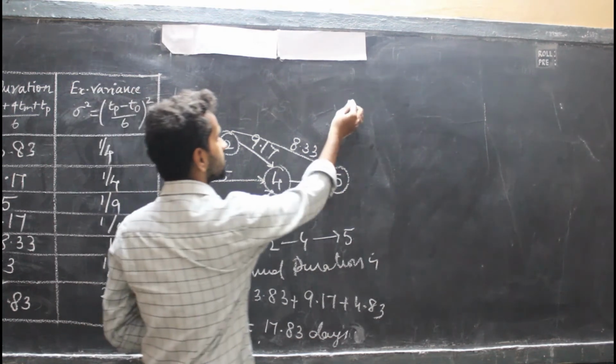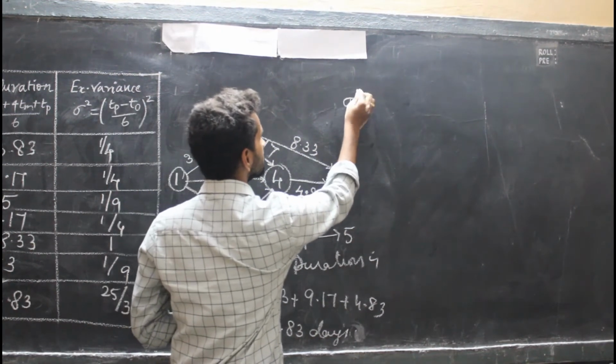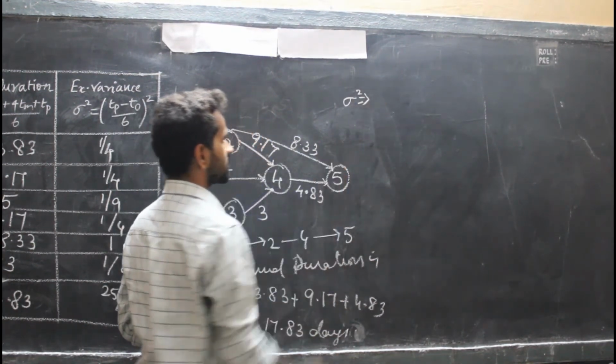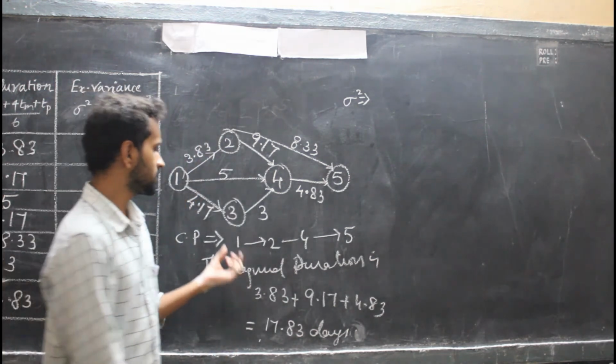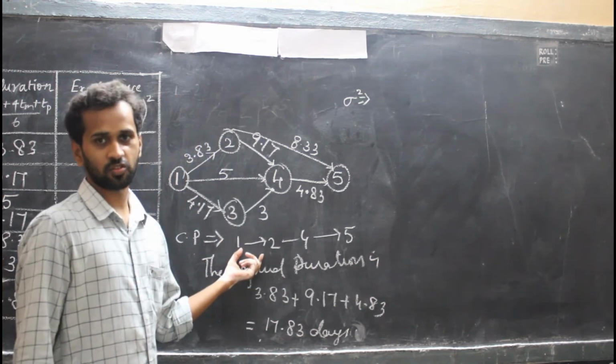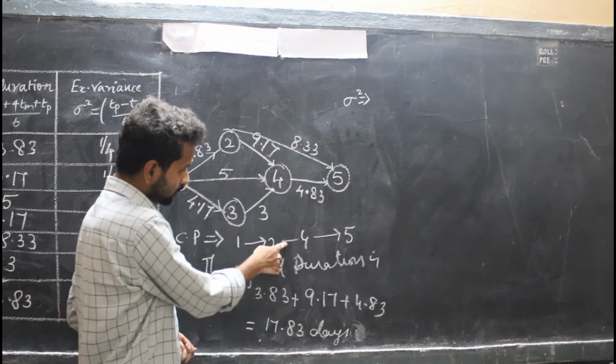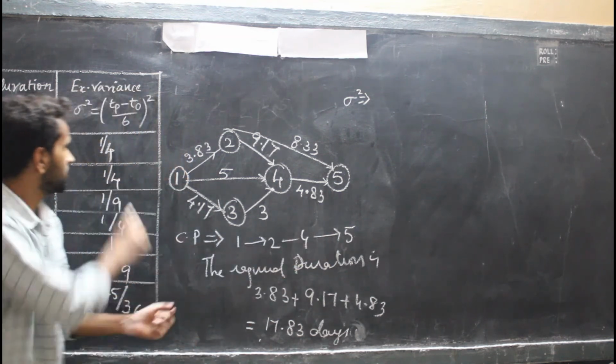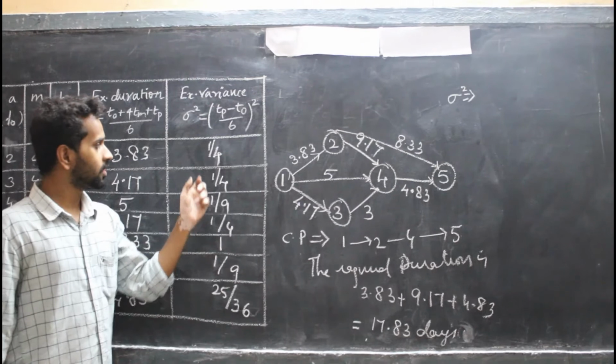So that becomes sigma square for the complete project. You get that? Here you should consider the critical activities. What are the critical activities? 1 to 2, 2 to 4, 4 to 5. Can you see this here? Now look at it.